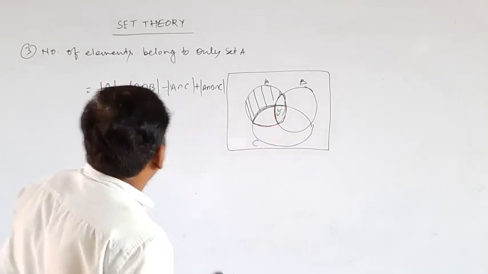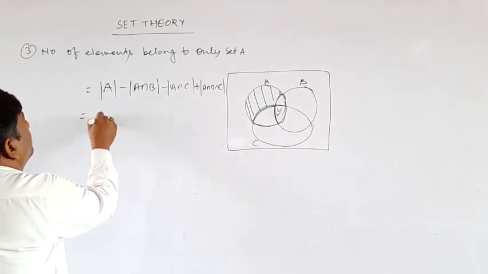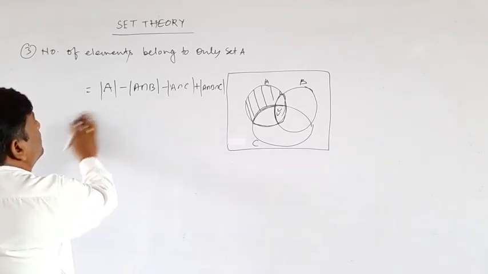So this is equal to the cardinality of A minus A intersection B minus A intersection C plus A intersection B intersection C.